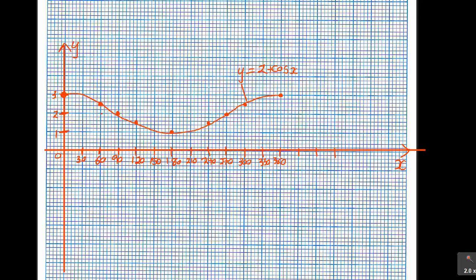Now when they're saying y is equal to 1, so if you look at your graph, these are the y values. So here y is equal to 1, here y is equal to 2, here y is equal to 3.